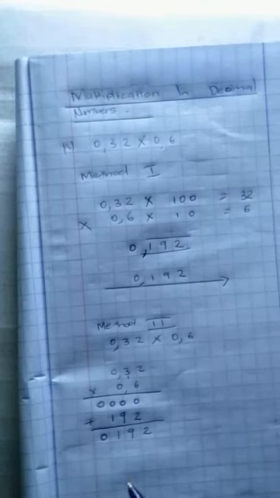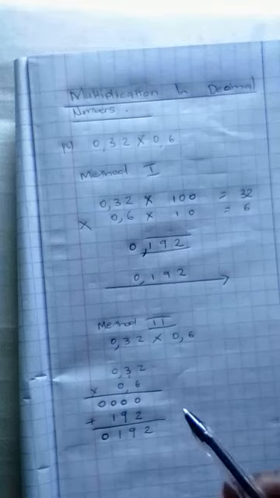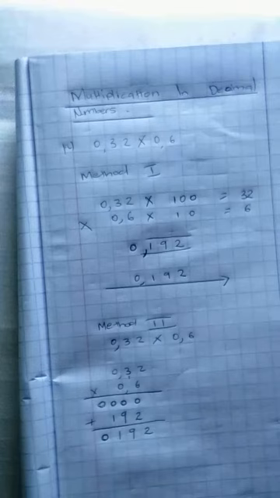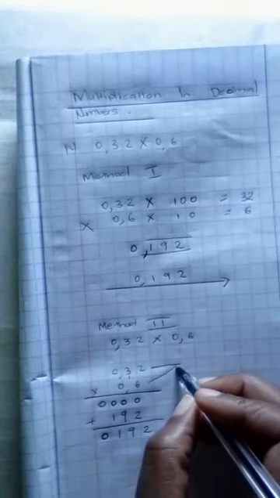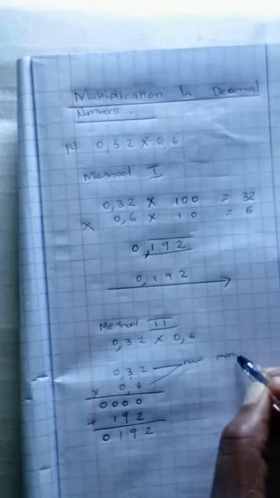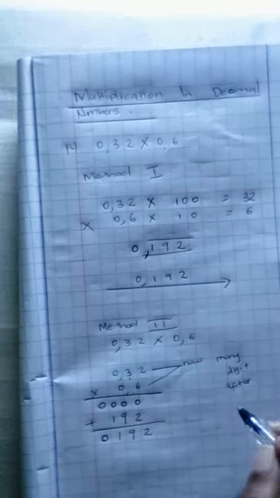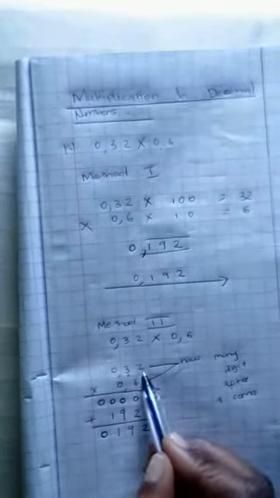Now let's get it to its final stage. We are counting how many digits after the comma in both the sums, in this sum and in this sum. We have 1, 2, 3. You see that?